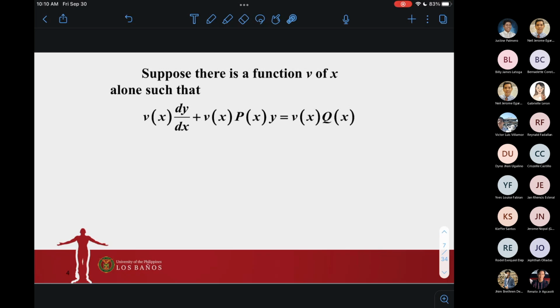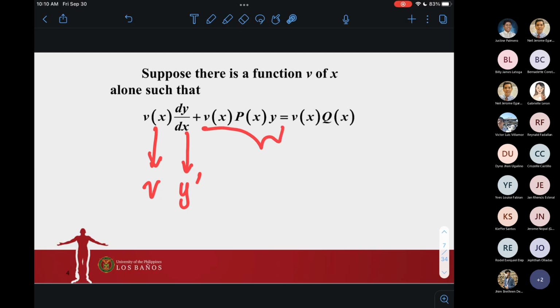Gusto kong piliin si v so that the entire left-hand side of my ODE is basically the derivative of a product of two functions. Gusto ko tong maging derivative lamang din ang galing sa application ng product rule. Bakit kasi tingnan nyo to? Ito na yung v, tapos ito na si y prime. Alright?